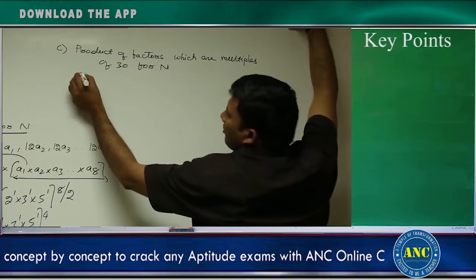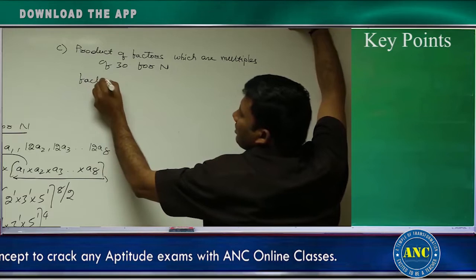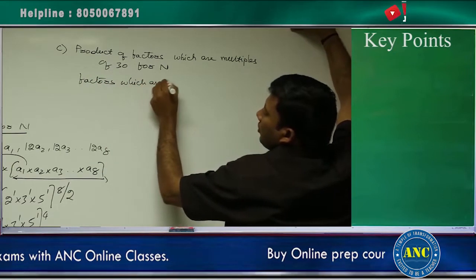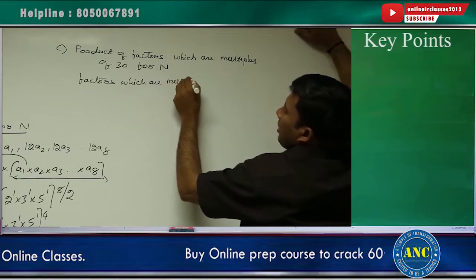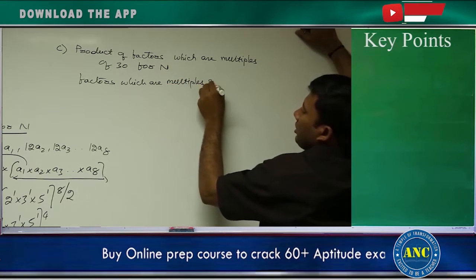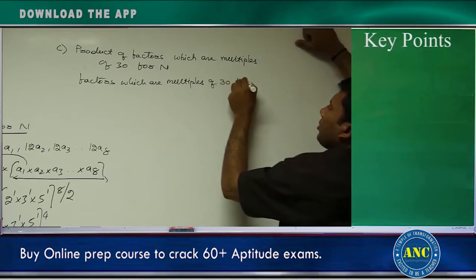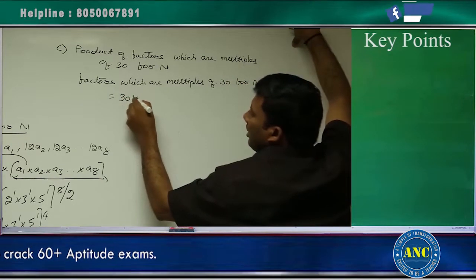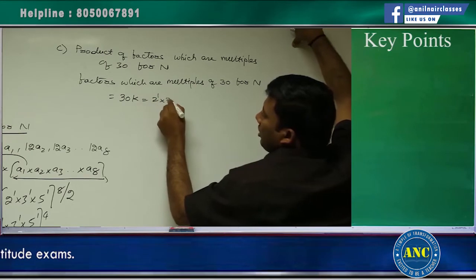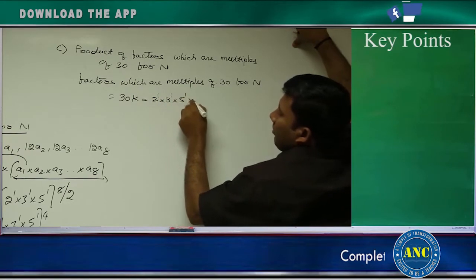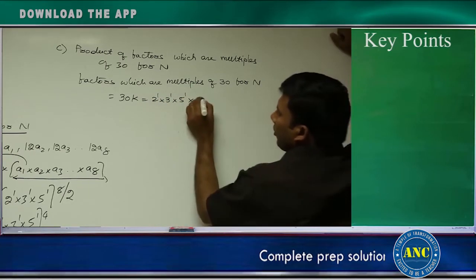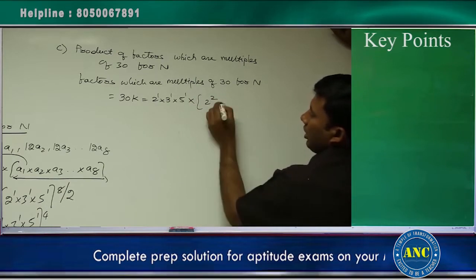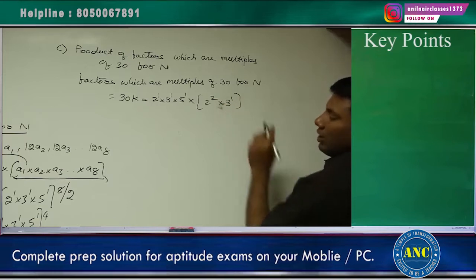So, first we find the factors which are multiples of 30. Multiples of 30 for n will be 30k. So, 30 will be 2 into 3 into 5. The remaining will be 2 square into 3 power 1. Are you all with me?